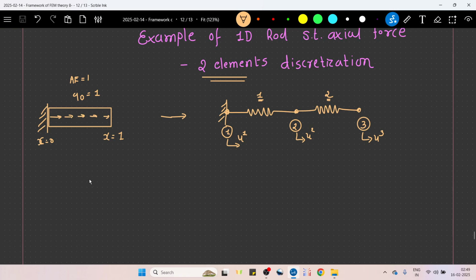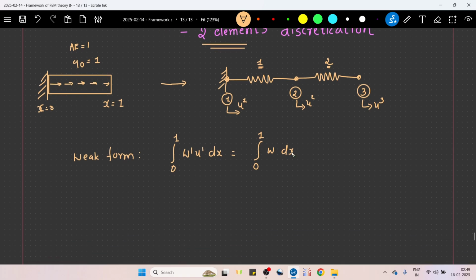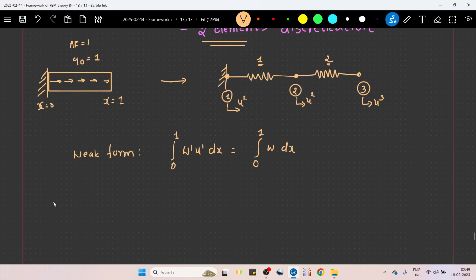Let's write the weak form for this. Integral from 0 to 1 of w dash u dash dx is equal to integral 0 to 1 of w dx. Next, its weak discretized form. So this is 1, this will become 0.5, or 1 half, right?